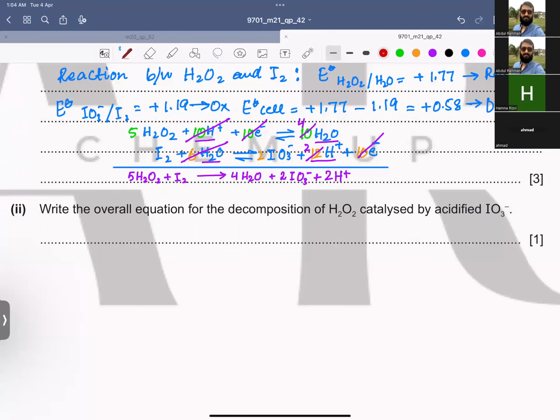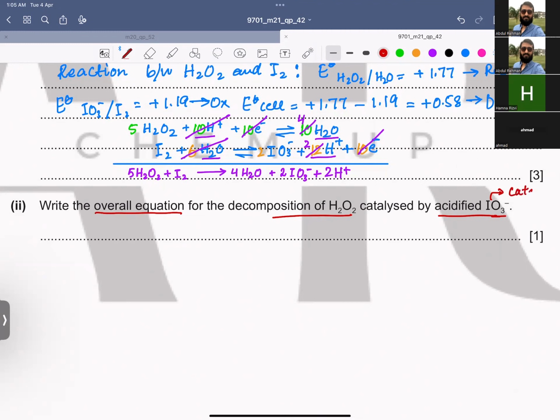Now, in the next part, write the overall equation for the decomposition of H2O2 catalyzed by acidified IO3 negative. What is the role of IO3 negative over here? Catalyst. So if it's a catalyst, it means it remains unchanged at the end of the reaction, right?